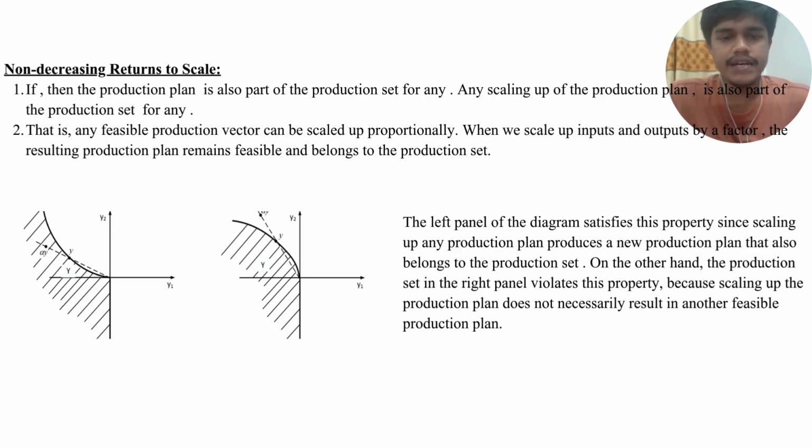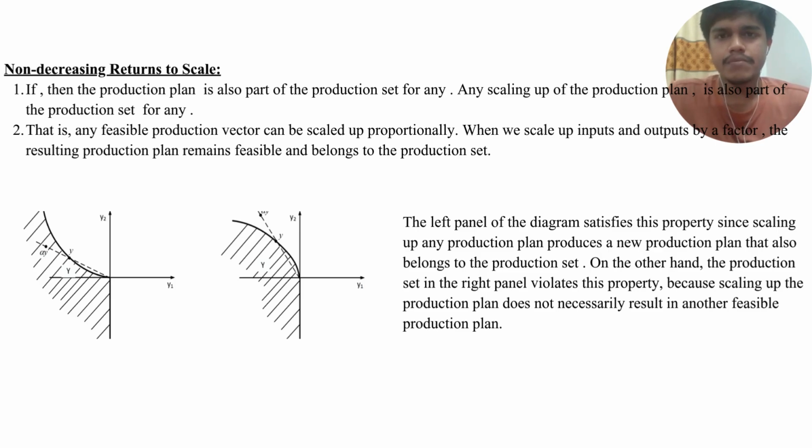If you start with any point in this region, that's a possible production plan, and scale it up along some direction by moving from the origin, the new plan remains inside the shaded area. This confirms that the production set allows scaling up without losing feasibility, which matches the property of non-decreasing returns to scale.